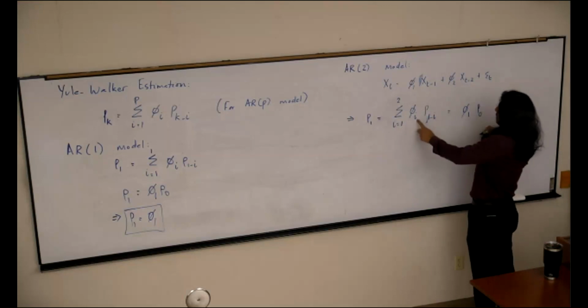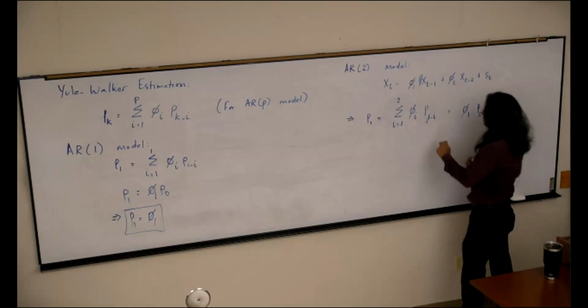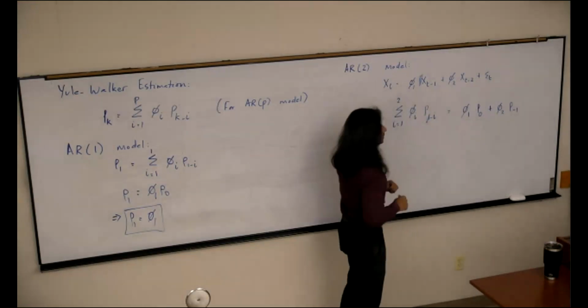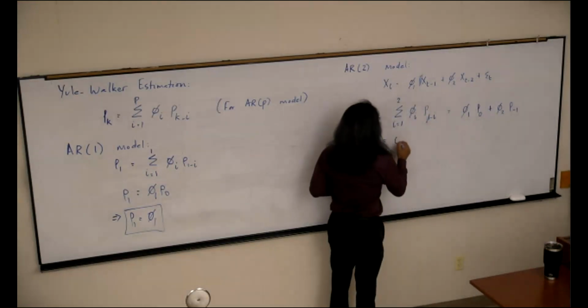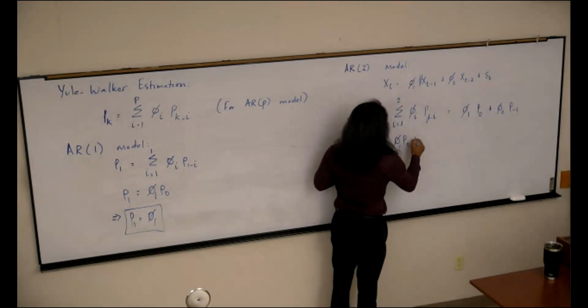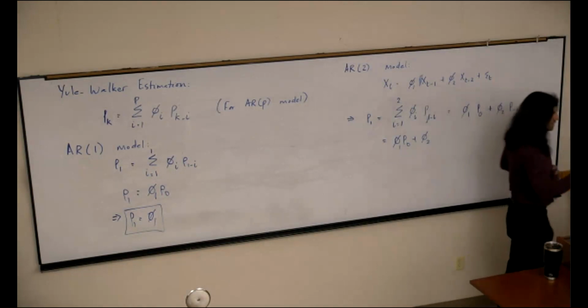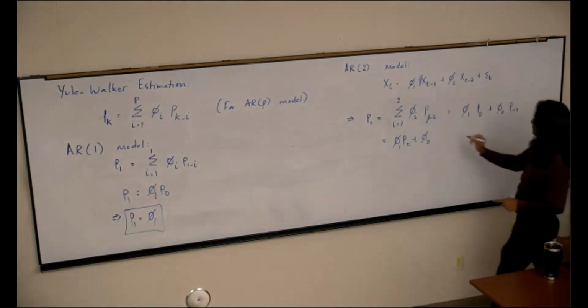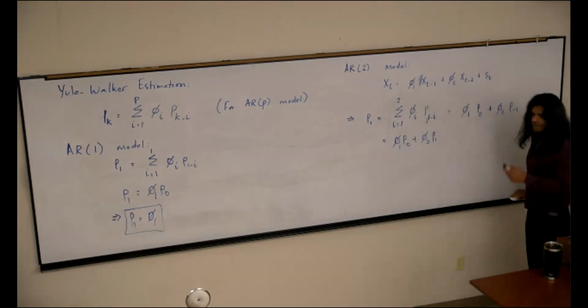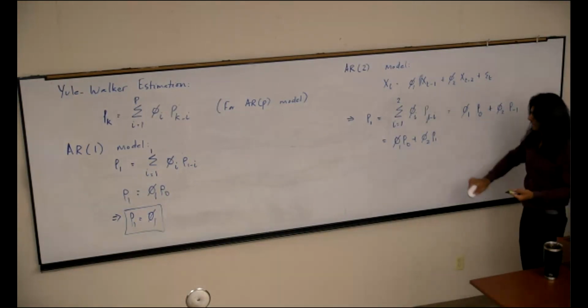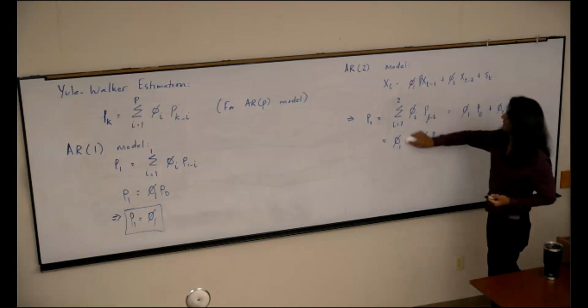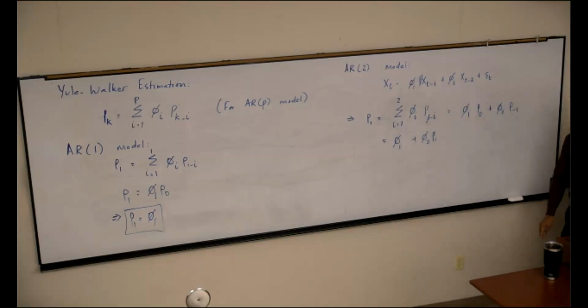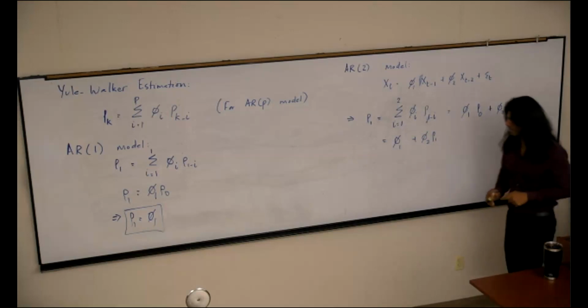When i is 2, I'd have phi2 rho 1 minus 2, rho negative 1. Rho negative 1 and rho positive 1 are one and the same, right? We'll put that as rho 1. Rho 0 is just 1, so I'm going to get rid of that. So that is my first equation.